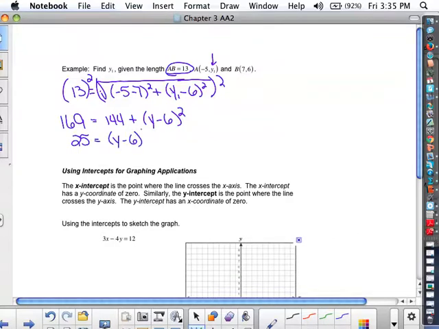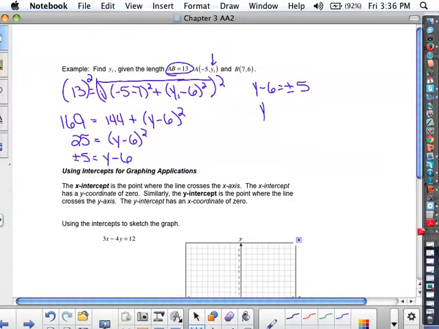Now at this point, you could FOIL that, get a quadratic, and factor it, or you can just take the square root of both sides. So the square root of 25 is plus or minus 5 is equal to y minus 6. So now I have y minus 6 is equal to plus or minus 5.